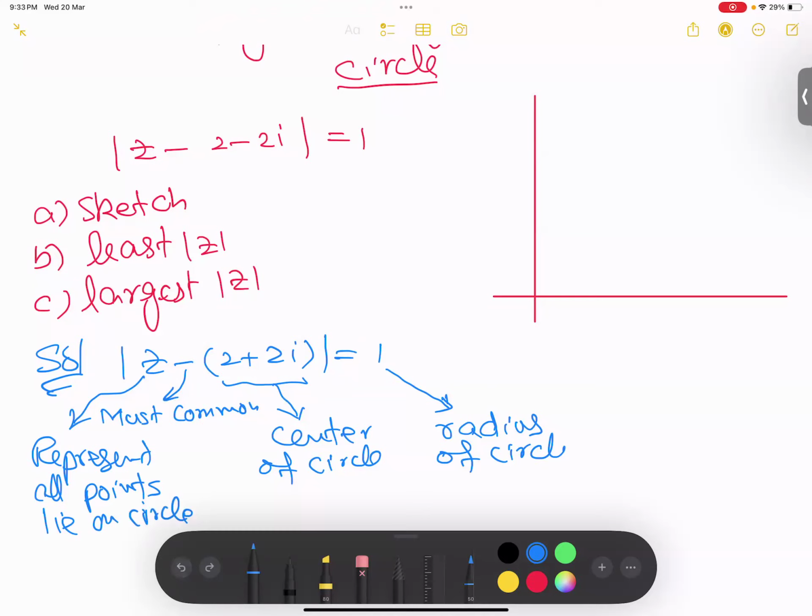So let's start, have a look at how we can continue. First of all, I will make a circle, and the circle is very important to make. This is 1, this is 2, this is 1, this is 2.